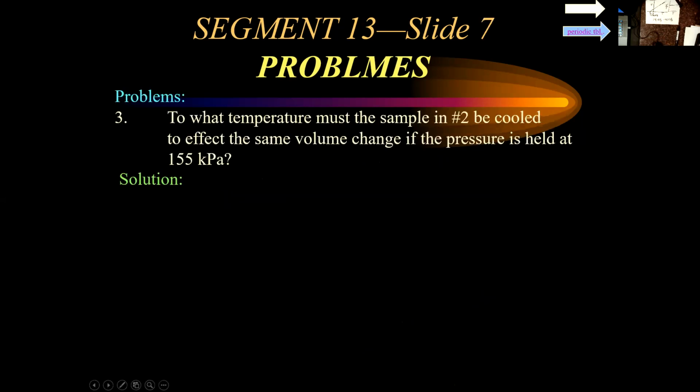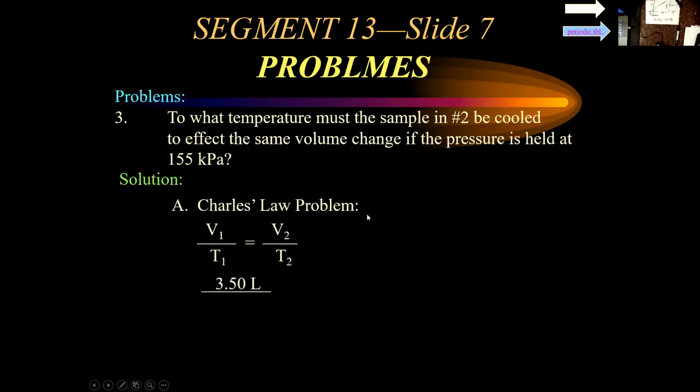What temperature would the sample in number 2 be cooled to in order to effect the same volume change if the pressure is held constant? So this is Charles' law, and it says V1 over T1 has to equal V2 over T2. So I've got my volumes and my temperatures, and I can solve for the new temperature.